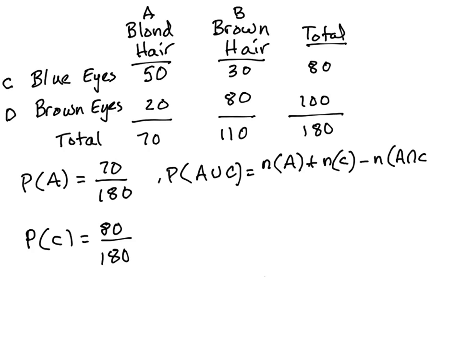Okay, so rather than writing out the words blonde hair and brown eyes, what I'm doing is I'm making A stand for blonde hair, B standing for brown hair, C standing for blue eyes, and D standing for brown eyes.